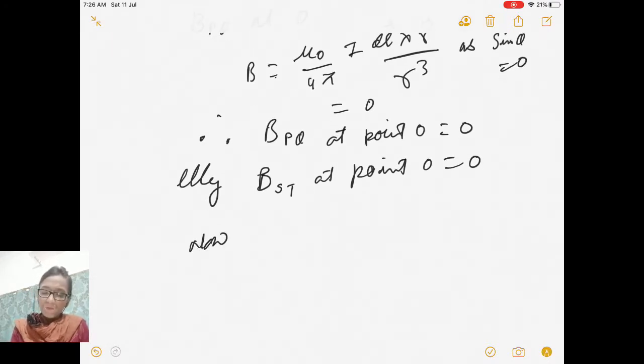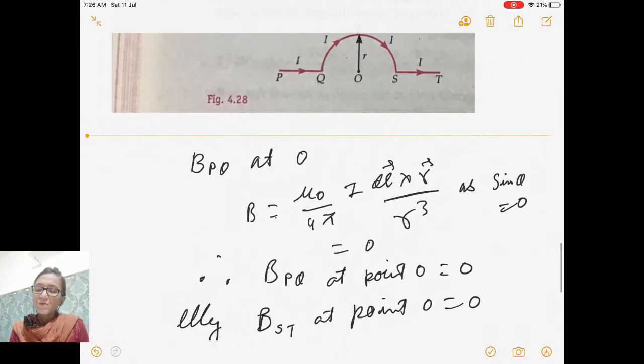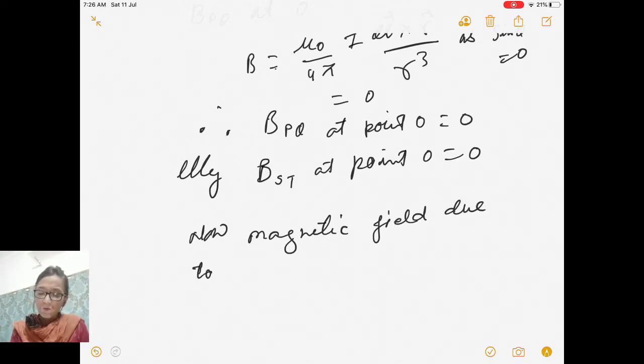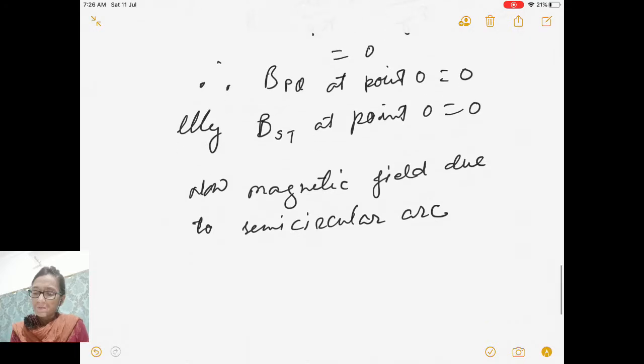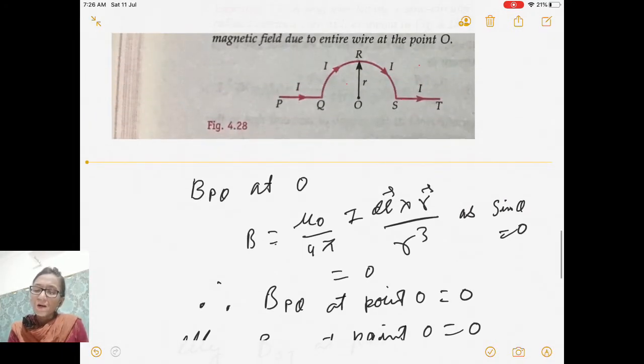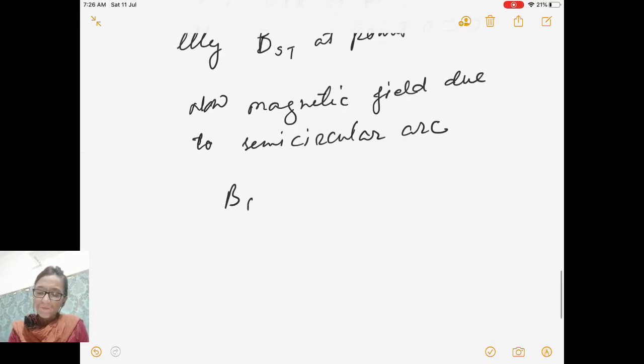Now, magnetic field due to the semicircular arc, B of QS.